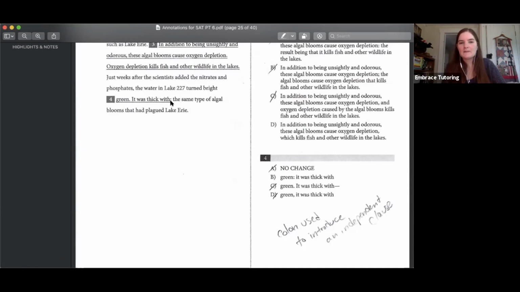or as a semicolon, which ends up being used to separate two distinct ideas from one another, so two complete sentences, whereas a colon is used, in this case, to introduce an independent clause.